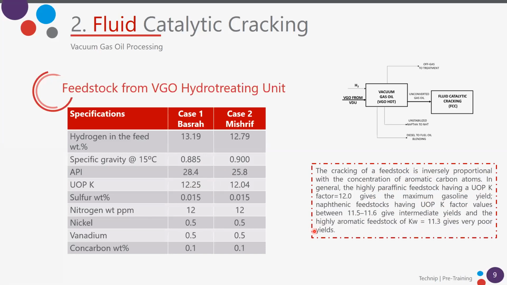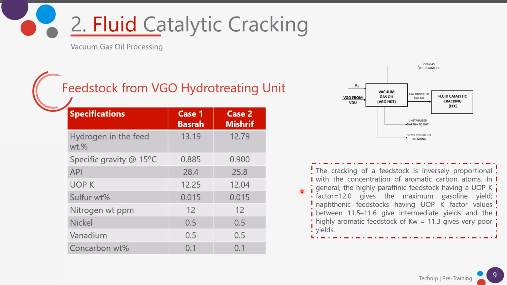Okay, so this is a calculated factor that we have seen in the previous session, that is calculated depending on the specific gravity of the stream and on the boiling point.